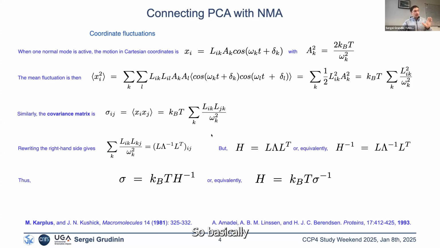So the result that we need to remember is that the positional covariance matrix is proportional to the inverse of the Hessian, or the Hessian is proportional to the inverse of the covariance. We can also compute the normal modes from the positional covariance matrix, because the eigenvectors of both matrices are the same. This is the only theoretical result we need to know.